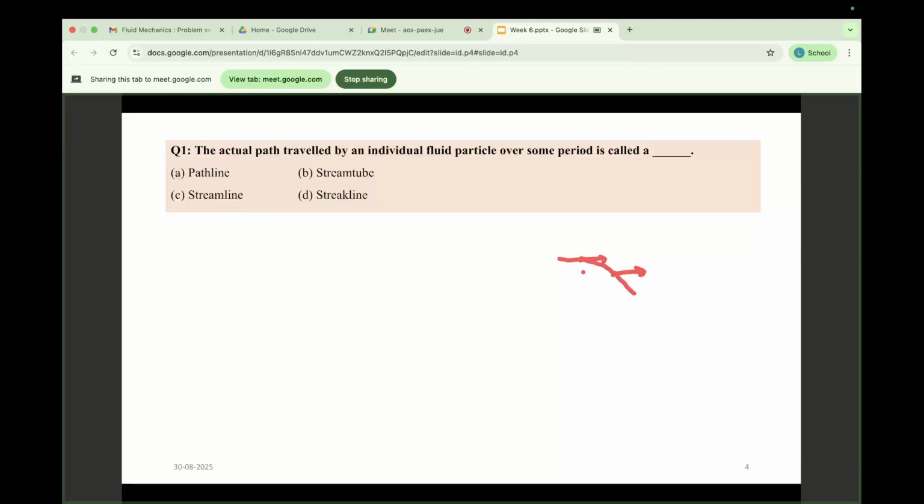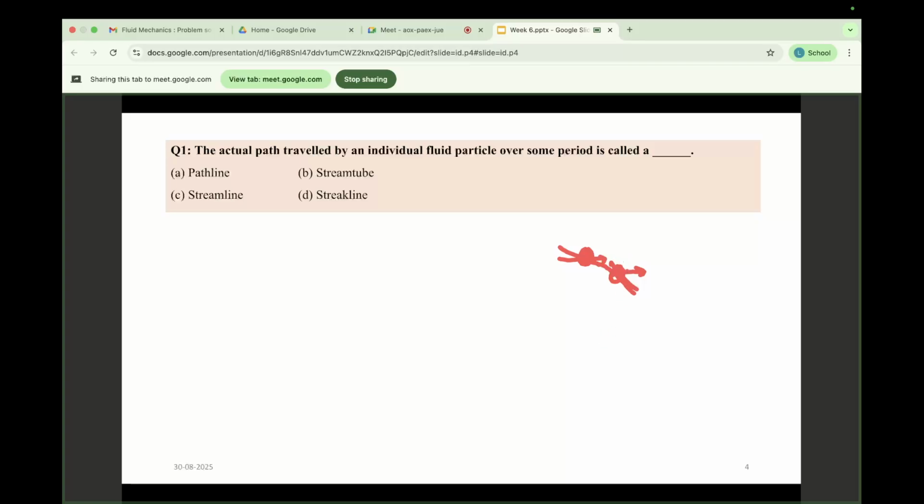If I draw a tangent at each and every point through this fluid particle, that trajectory is known as the streamline. Basically it is at an instant, it doesn't depend on the previous one. It talks about the current status of this particle, right?